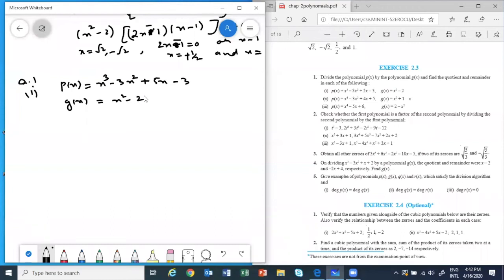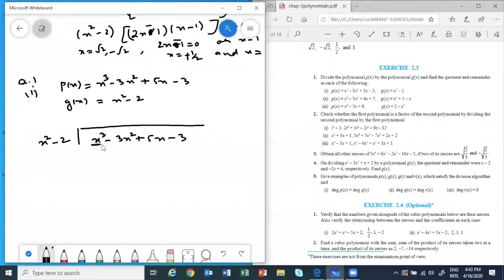Let's divide. All those who haven't understood, see here. Those who know how to divide, please do on your own. So we have to divide x cube minus 3x square plus 5x minus 3 by x square minus 2. We start eliminating the highest term one by one.